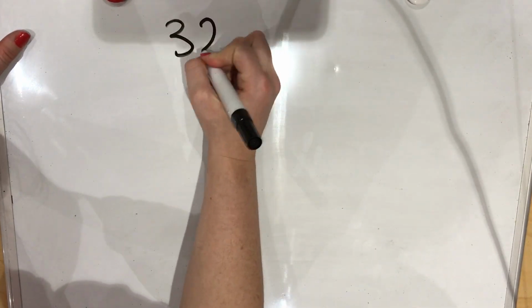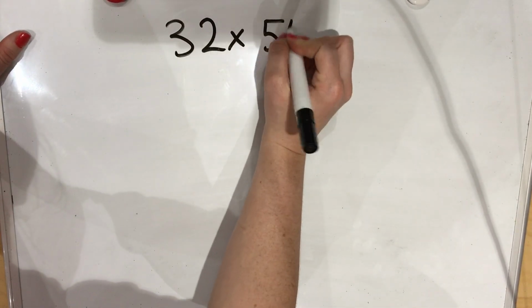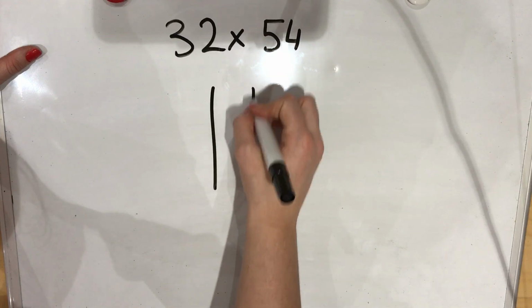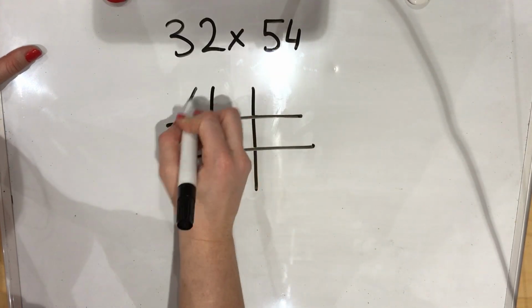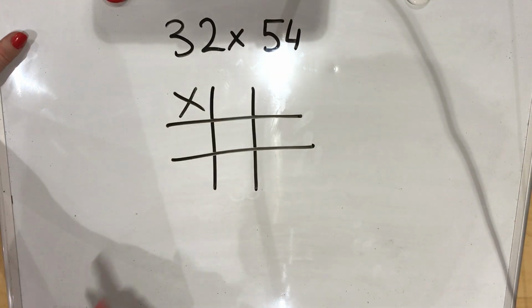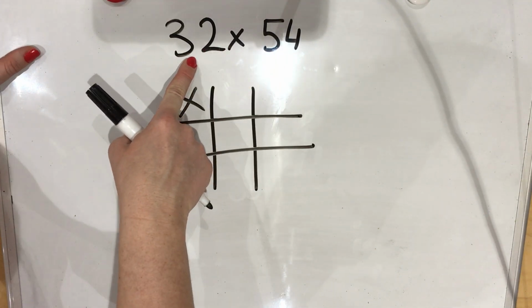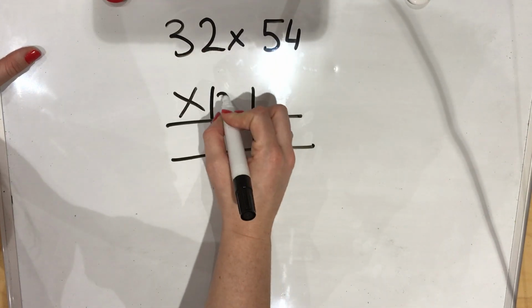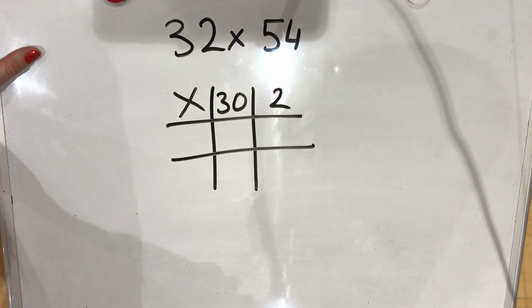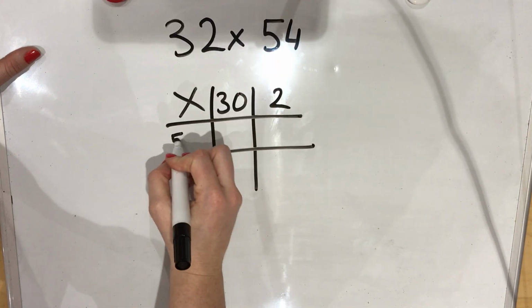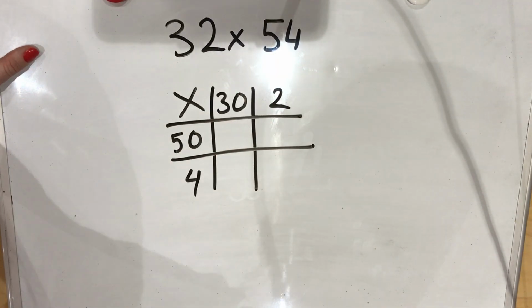So let's say I've got 32 multiplied by 54. I'm going to draw my grid, put my multiplication sign in. Then I'm going to partition my numbers into tens and ones. So 32 will become 30 and 2, 54 will become 50 and 4.